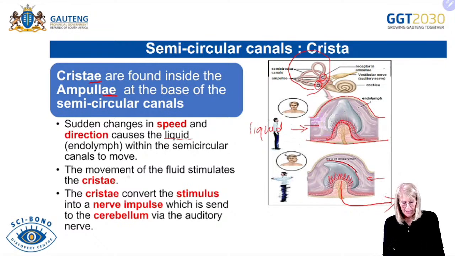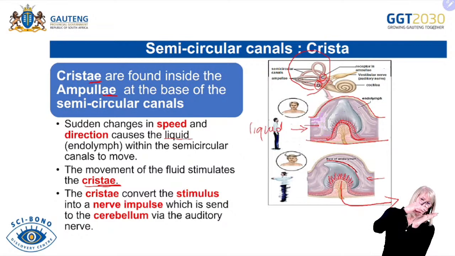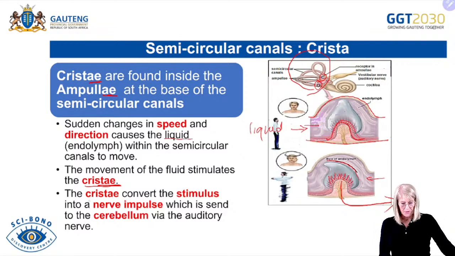As soon as that liquid starts to move, it stimulates the cristae. That thick gel cap is bent, and that is going to stimulate your cristae, and then the cristae convert the stimulus into a nerve impulse, which is sent to the cerebellum via the auditory nerve.